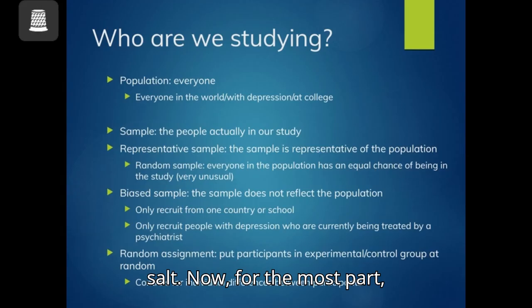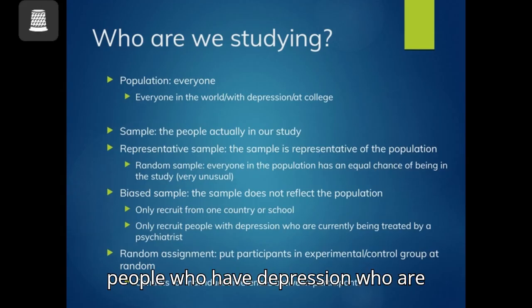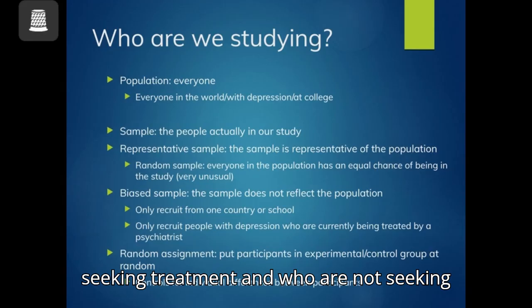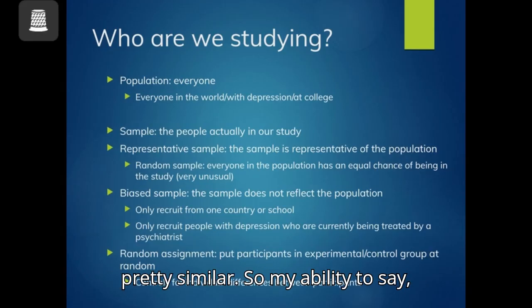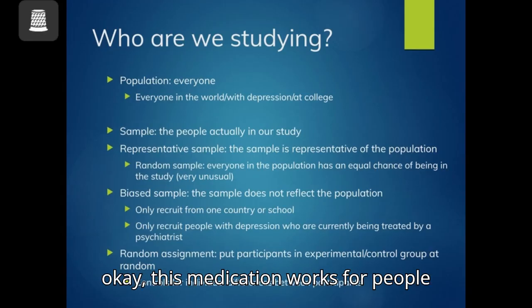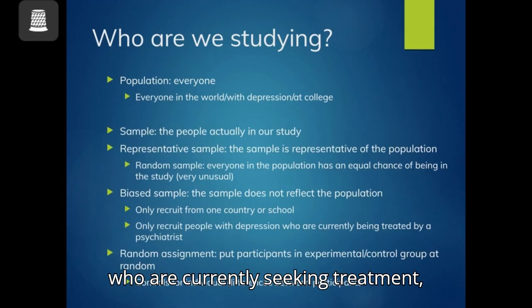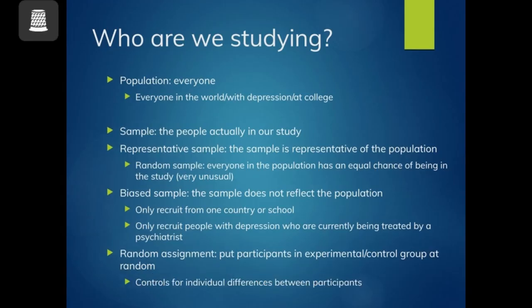Now, for the most part, people who have depression, who are seeking treatment, and who are not seeking treatment are biologically going to be pretty similar. So my ability to say, okay, this medication works for people who are currently seeking treatment, I can probably say it will work for people who will seek treatment in the future.